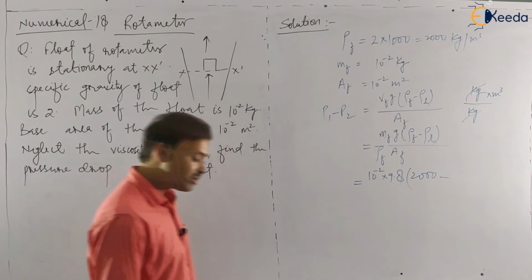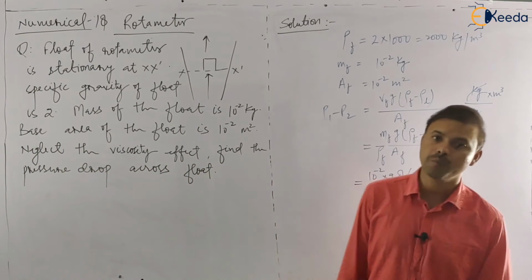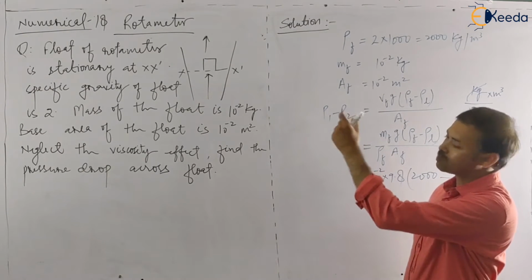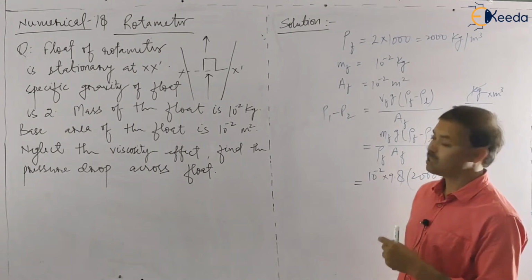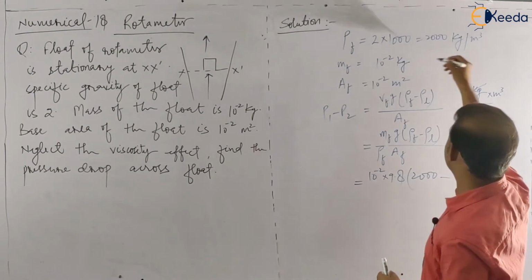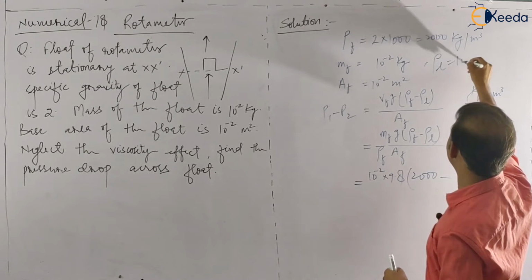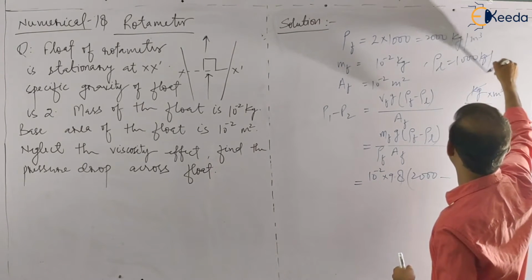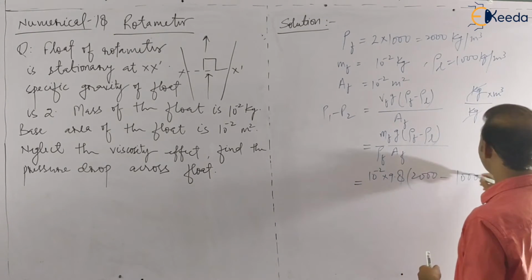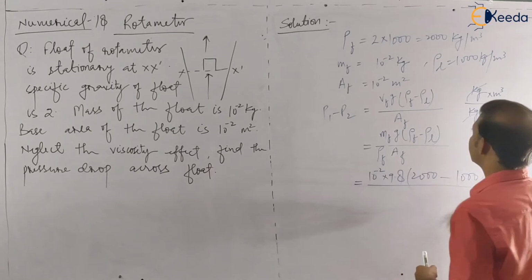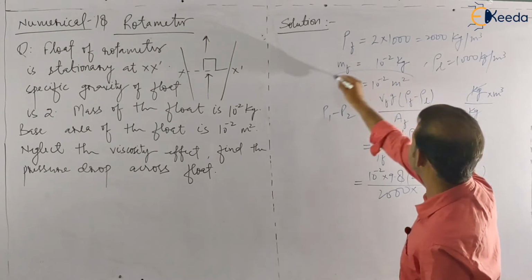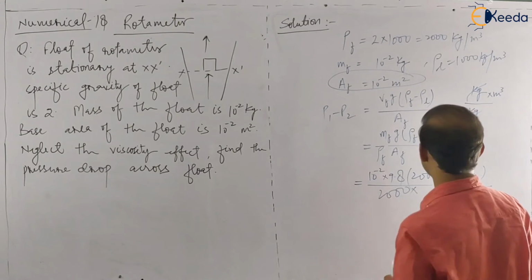The density of the liquid is not given in the question, so by default the liquid flowing through the rotameter is considered as water. So the density of water is 1000 kilogram per meter cube. So 2000 minus 1000, divided by rho f which is 2000, and the area of the float is given as 10 to the power minus 2.